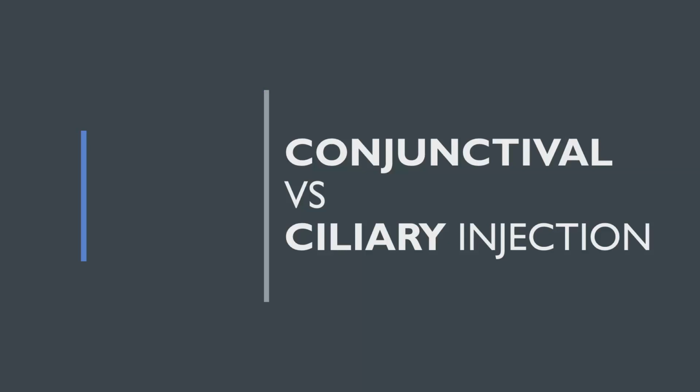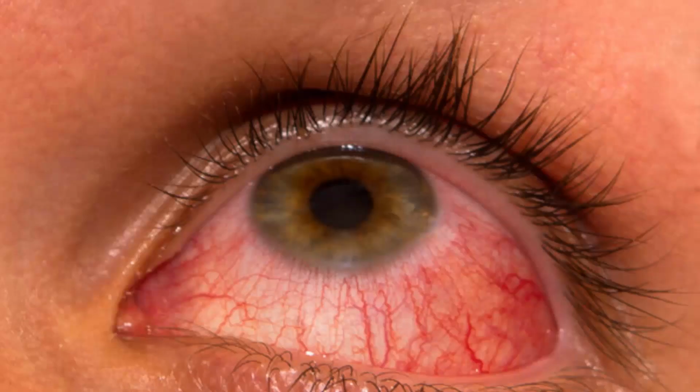There's a common question in oral and written exams: what is the difference between conjunctival and ciliary injection? Conjunctival injection is inflammation of the superficial vessels, so the color is more red.